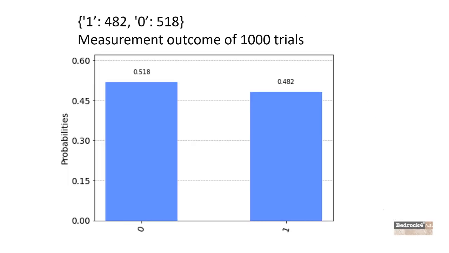The histogram showcases the outcome of multiple measurements of a qubit in superposition.